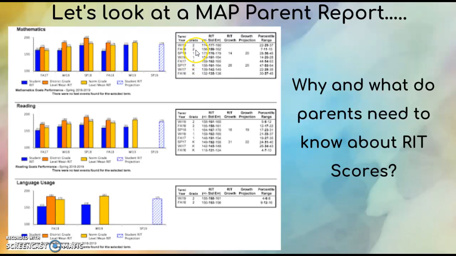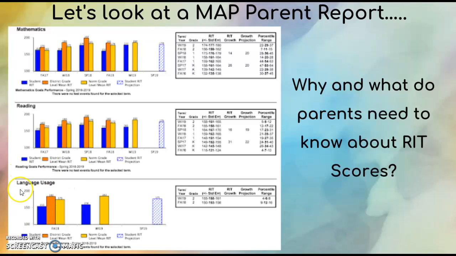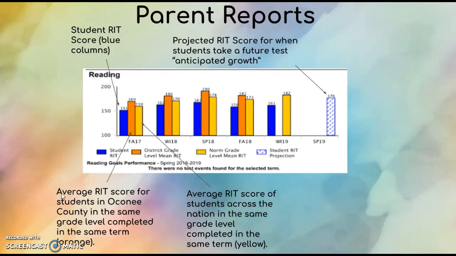And now the student is in 2nd grade, and the student has had the MAP test in fall and winter. Down here, you'll notice that there's a language usage area, so if your student's in kindergarten or 1st grade, you won't notice this on your parent report. So this is the breakdown of a parent report.